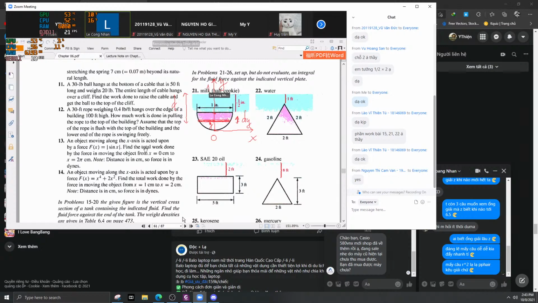So the depth of this part is 1 minus y, and the area equals the length times the width. The width is dy, but the length of this part changes with respect to y.